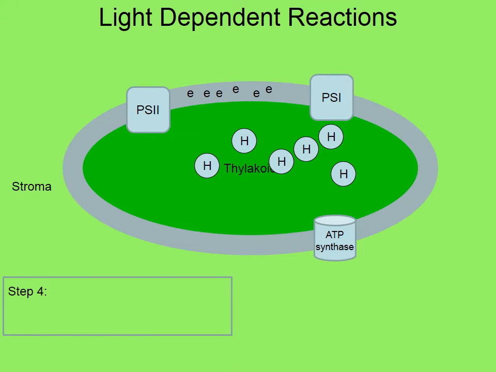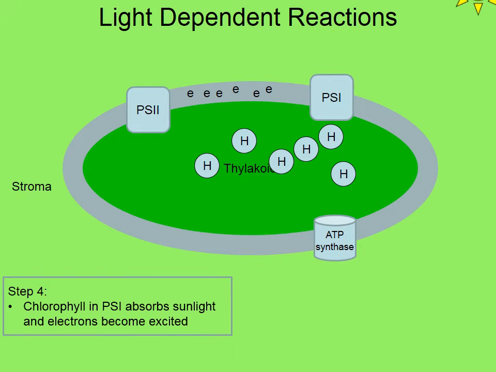So moving on into the next area of the light-dependent reactions, I want you to focus your attention on PS1, photosystem 1. In case you're wondering, the reason it's called photosystem 1, even though we're talking about it second, is I think photosystem 1 was just simply discovered first. So photosystem number 1, just like photosystem number 2, are groups of molecules, and it contains chlorophyll.